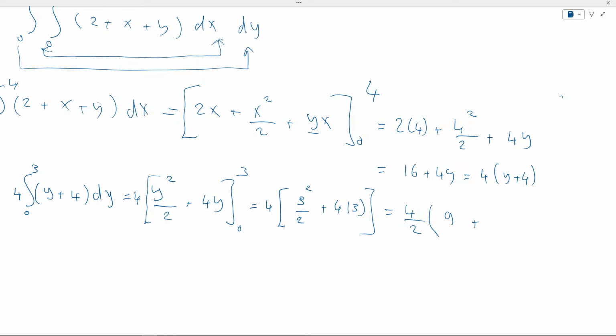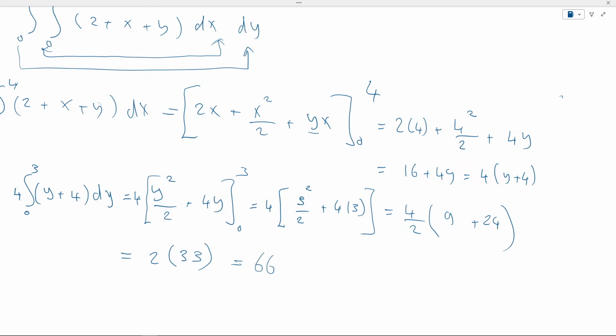That would be 12, like 24. Yeah, because I can take this 2 out as a common factor. So that would be 2 times 9 plus 24, that's what? So that is 33. Yeah. So that will be equal to 66.